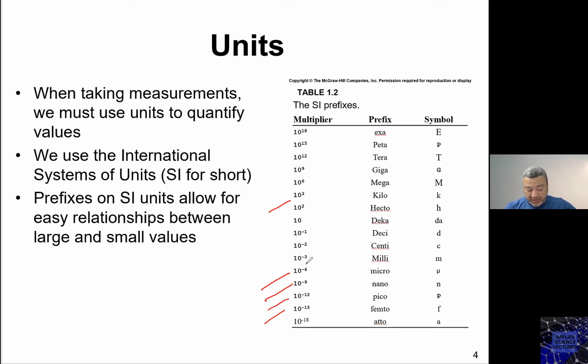As you can see here, the multiplier for the micro, for example, is 10 to the power minus 6. You have the mega, which is 10 to the power 6. You have the giga, which is 10 to the power 9, kilo. So those are some of the units that you will be seeing in this course.